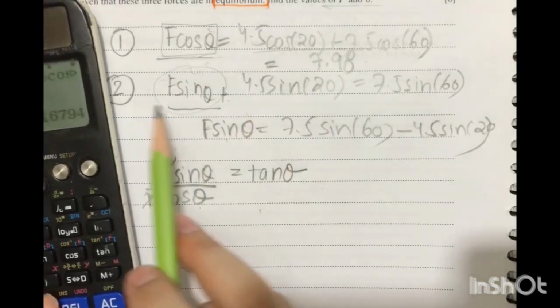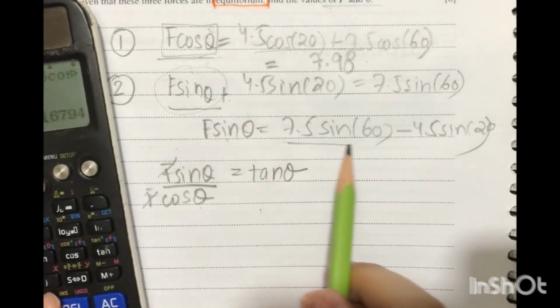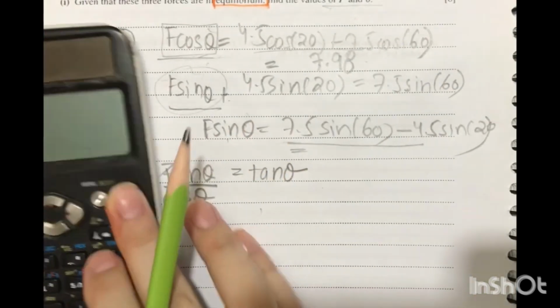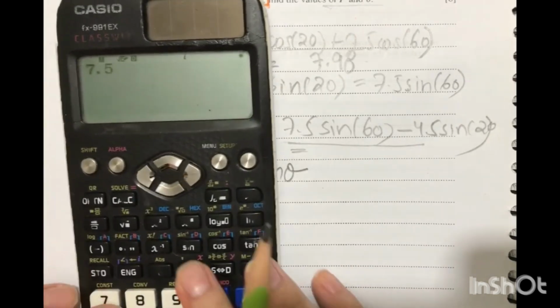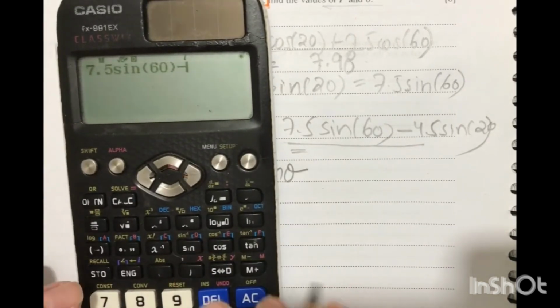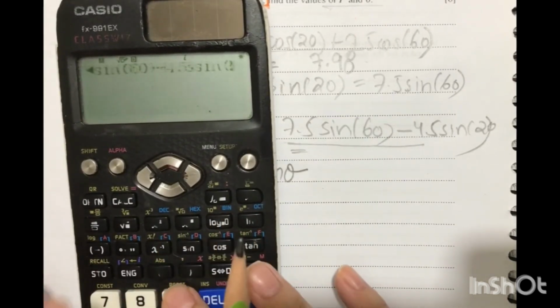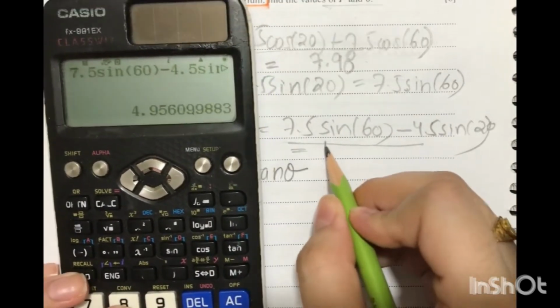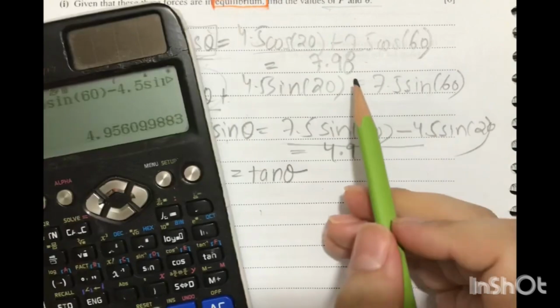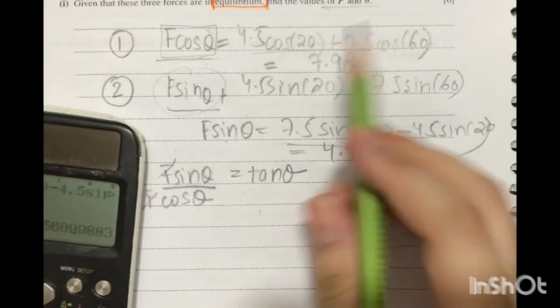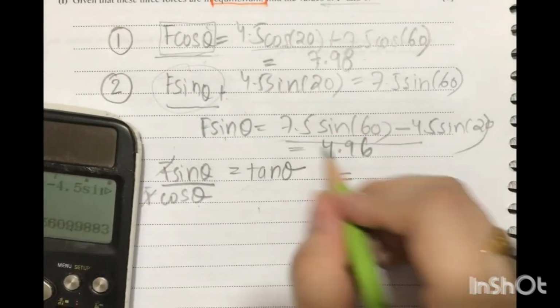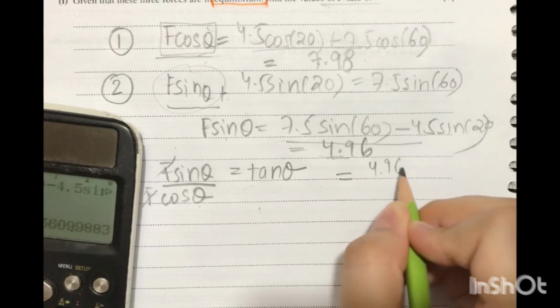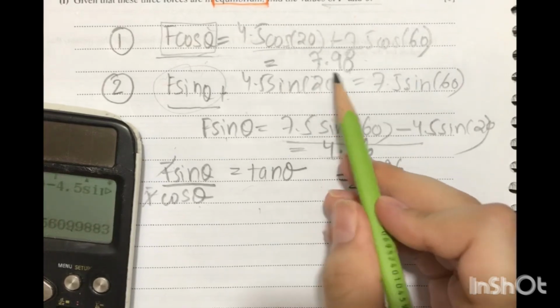And then F sine theta is this, so let's calculate this. It will be 7.5 sine 60 minus 4.5 sine 20, which is 4.96. So sine theta over cos theta, so tan theta will equal 4.96 over 7.98.